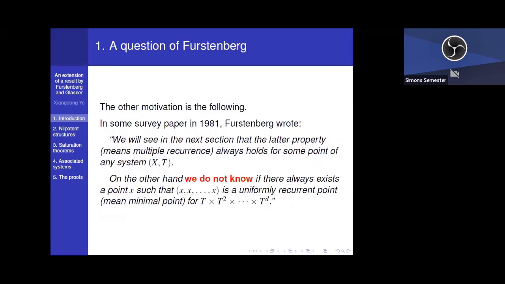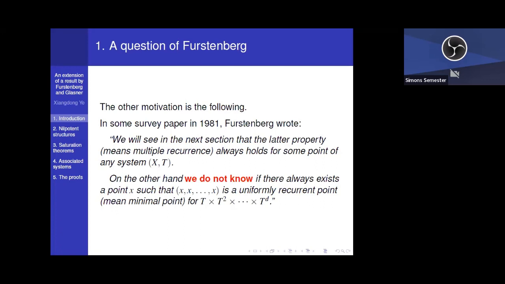Another motivation is the following. In a survey paper, Furstenberg wrote that in every topological dynamical system, you can find a point which is multiple recurrent.